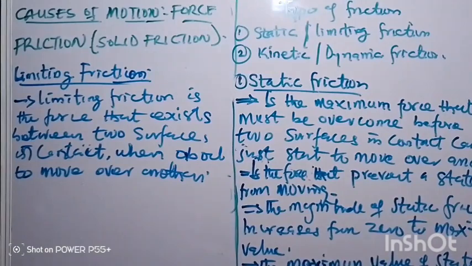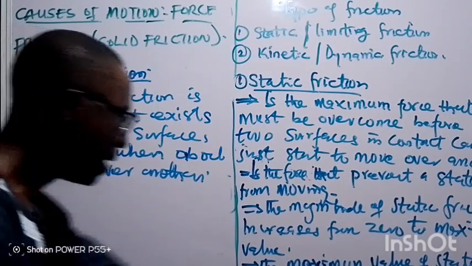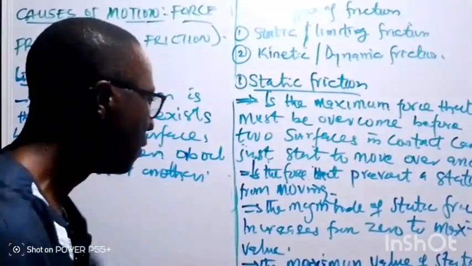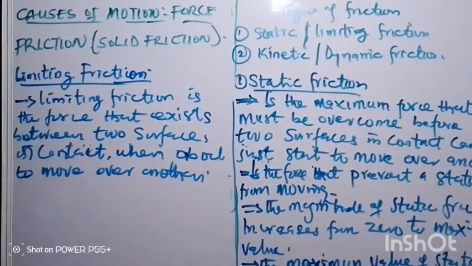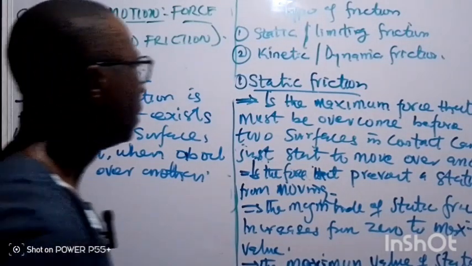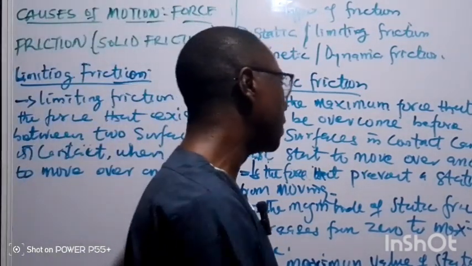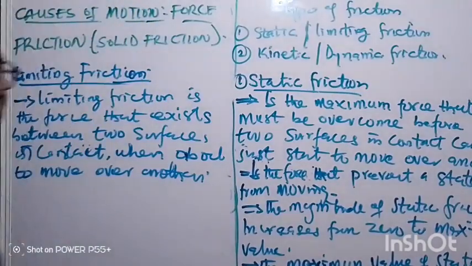But once the force is broken and reaches the maximum value, which is limiting friction, then the two surfaces will move over one another.